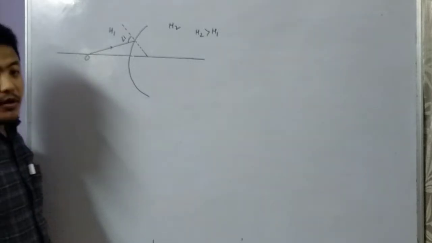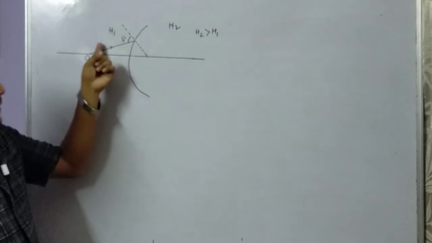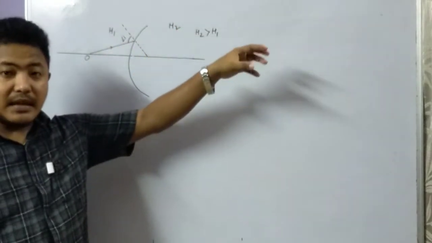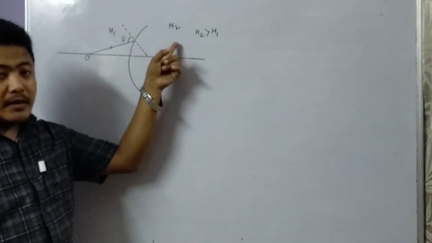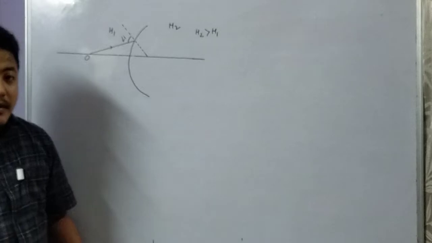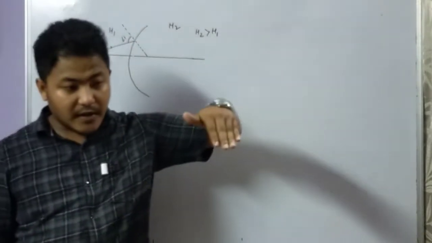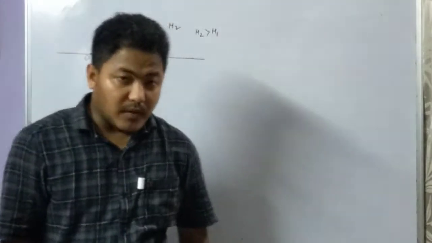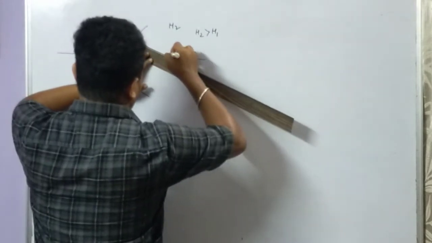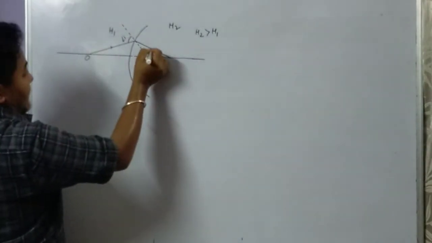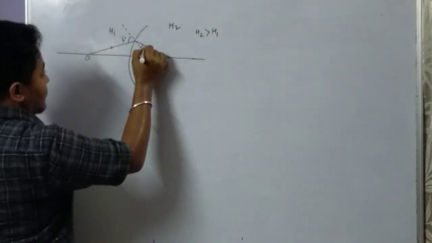You have seen this before. Once a ray of light travels from optically rarer to optically denser medium, the refracted ray bends towards the normal. So in this medium, the refracted ray will bend towards the normal, and this automatically is the angle of refraction.